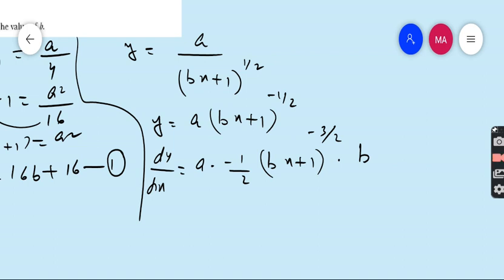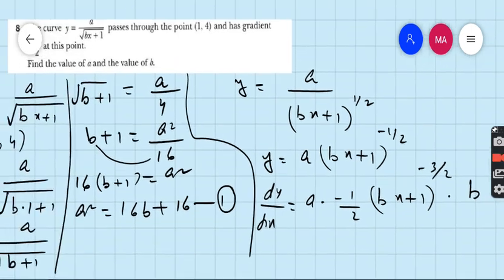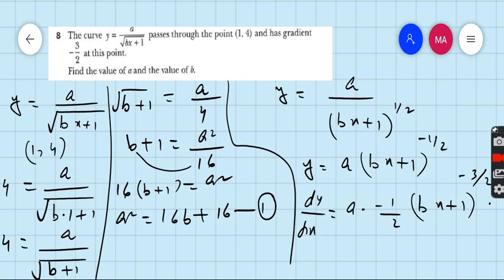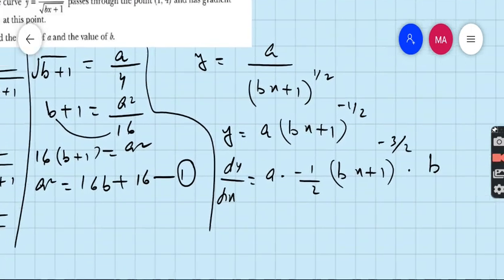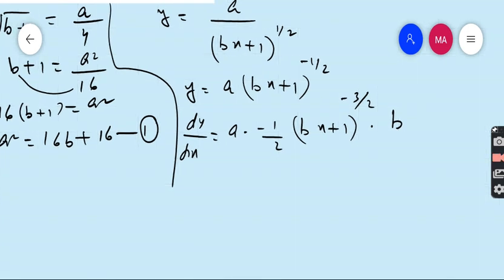Now see what is the gradient given in the question: has gradient minus 3 upon 2. So replace this dy by dx by minus 3 upon 2, equal to a into minus 1 upon 2. Shift this to the denominator.